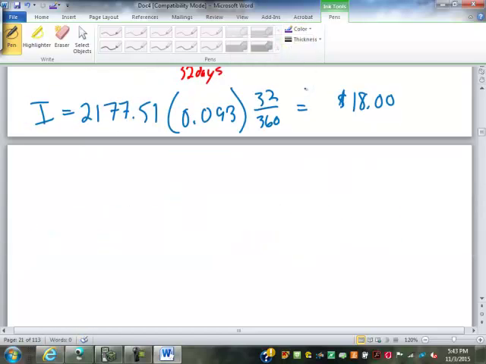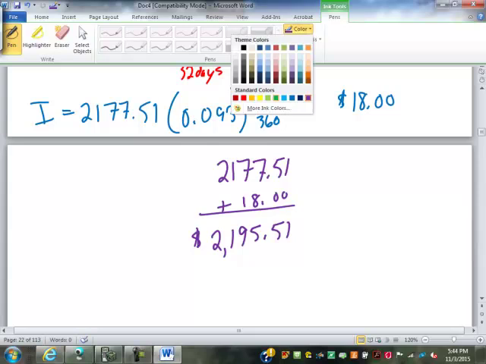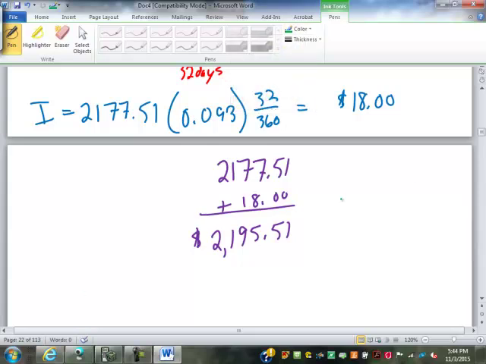So we're going to add that on. $2,195.51 is our balance at the end. That is our outstanding balance, our balance due.